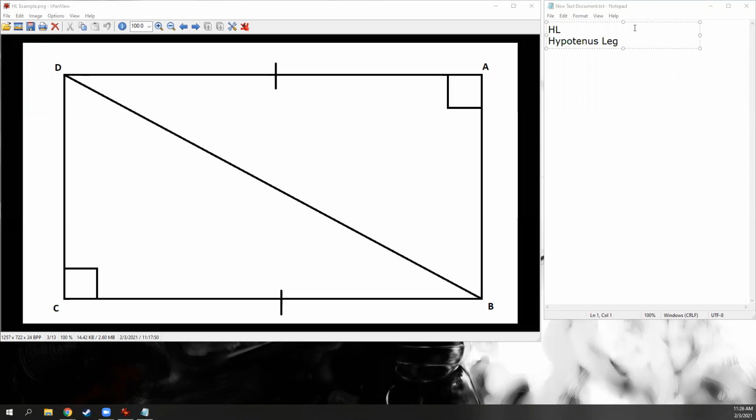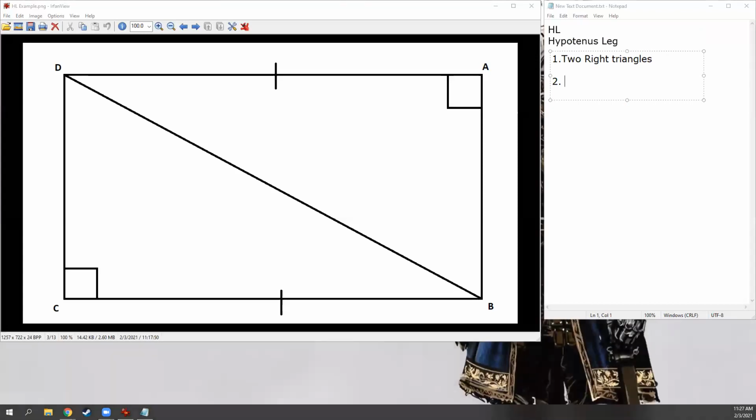All right. So what does that necessarily include? Well, the HL is actually pretty easy provided you follow three specific instructions. Number one, the two triangles need to be right triangles. It has to be two right triangles. Two, you need SAS in those right triangles.